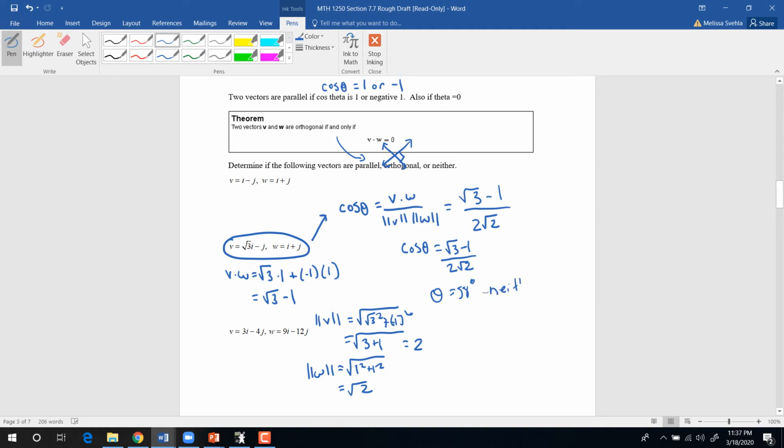If it's parallel, this will mean my theta is equal to 0 or 180. And for orthogonal, theta will equal 90 or pi over 2.